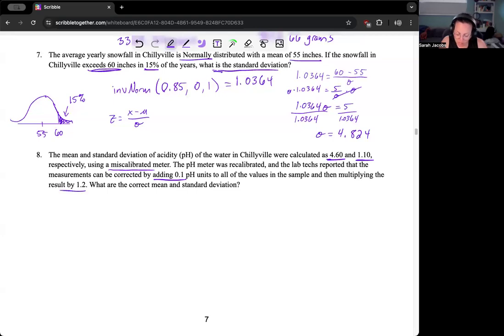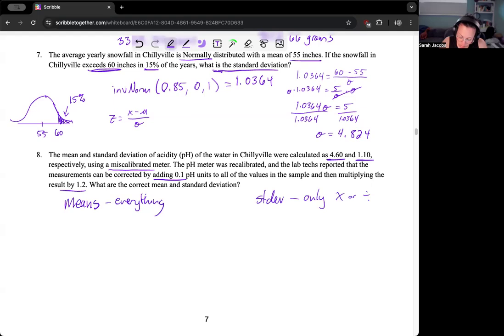What are the correct mean and standard deviations? So, without having all the values and doing that, we can use our transformations. Remember that for means, you do everything. For standard deviation, you only multiply or divide.